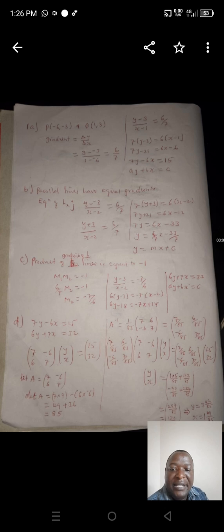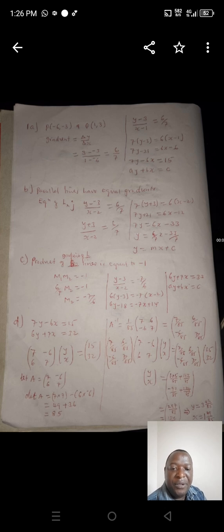Then we let the matrix A be 7, 6, -6, 7. The determinant of this matrix is gotten by the product of the elements in the leading diagonal minus the product of the elements in the other diagonal. So the leading diagonal gives us 7 by 7 minus the product of the elements in the other diagonal, 6 by -6. So this gives us 49 plus 36, which gives us 85.